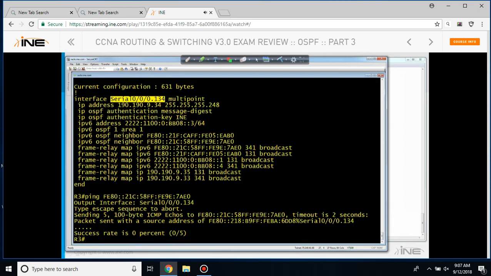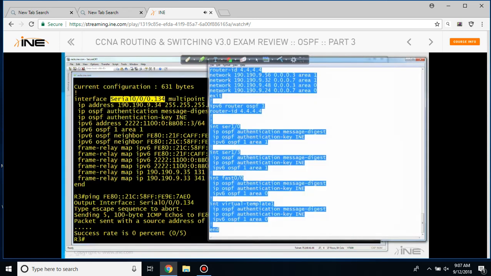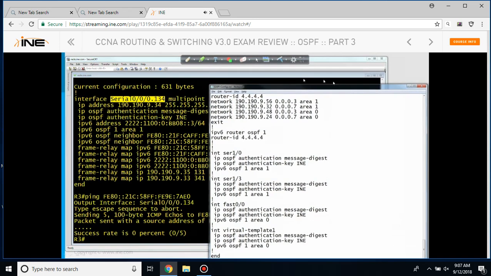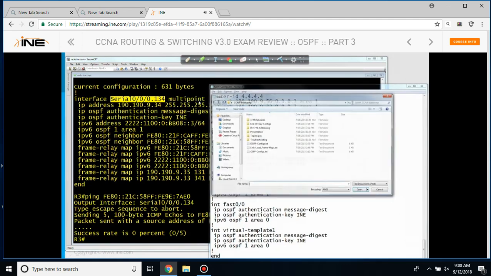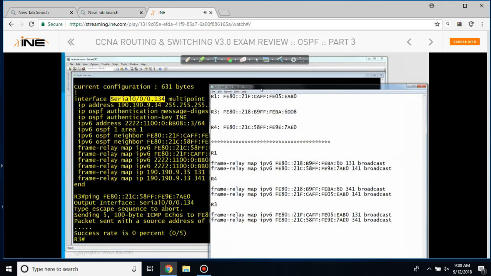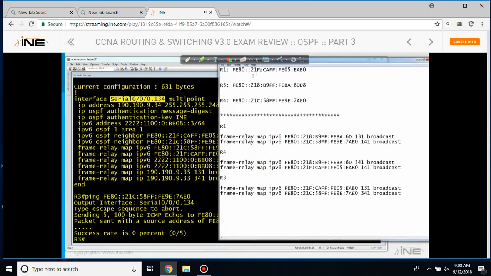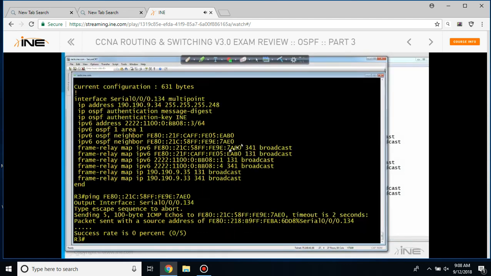Let's go back here. I already saved that, so I don't need that anymore. Okay, so we're in R3 right now. R1, his link local ends with EAB0. Here's EAB0.